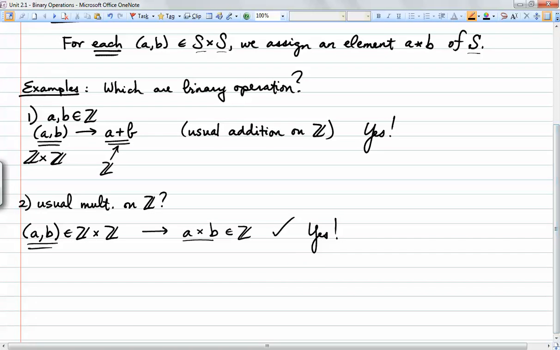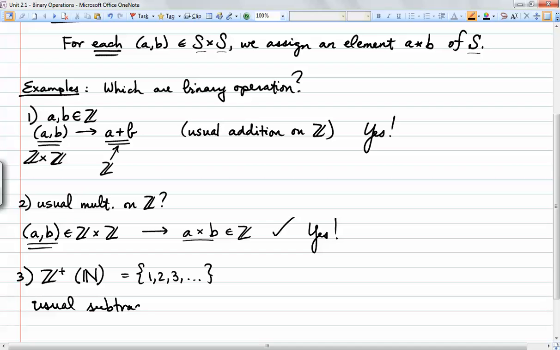Okay, let's look at this one. So let's define our set to be the positive integers, which for our purposes we'll also call the natural numbers. Okay, so that's going to be 1, 2, 3, dot, dot, dot. And so the question is, is usual subtraction a binary operation on Z plus?